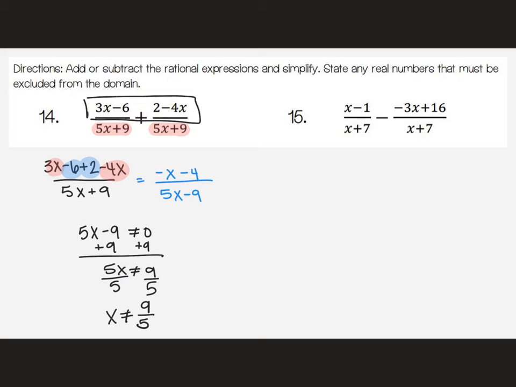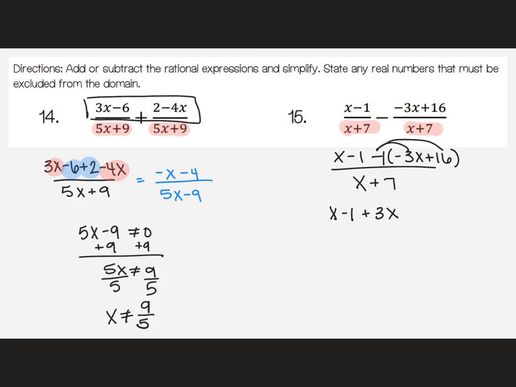In our second example, again, I'm noticing that the denominators match, so I'm just going to start by rewriting. I have x plus 7, x minus 1, minus negative 3x plus 16. Remember, when it's subtraction, you have to distribute the negative into the second fraction. So I have negative 1 times negative 3x, so that's really plus 3x.